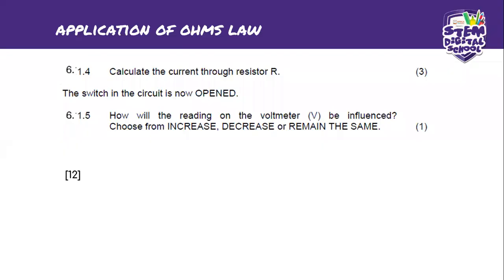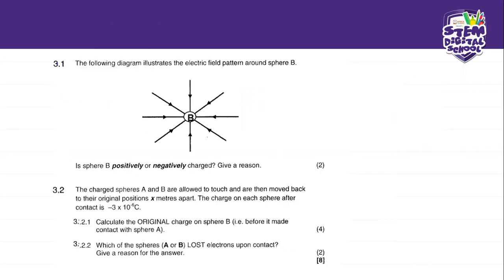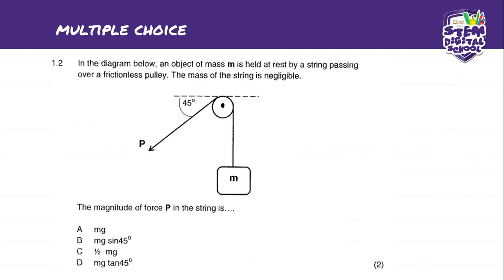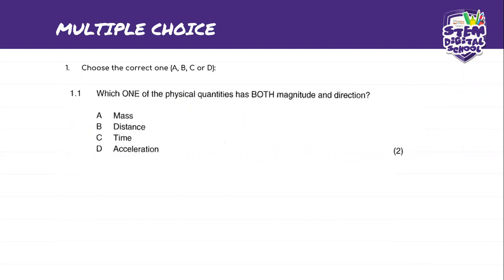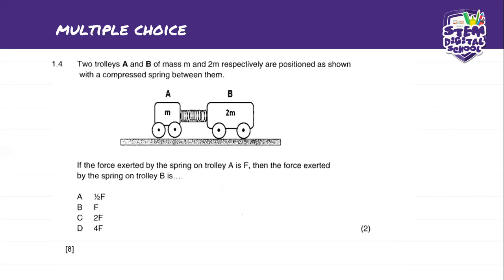Okay, I'm going to do a quick recap of the paper just to make sure you didn't miss out on any page. So as you can see, this is a very short class because it's just the assessments that we're doing. Okay, so this is our first page of the question paper. Then we move to the second page. Then this is our third, followed by this one.